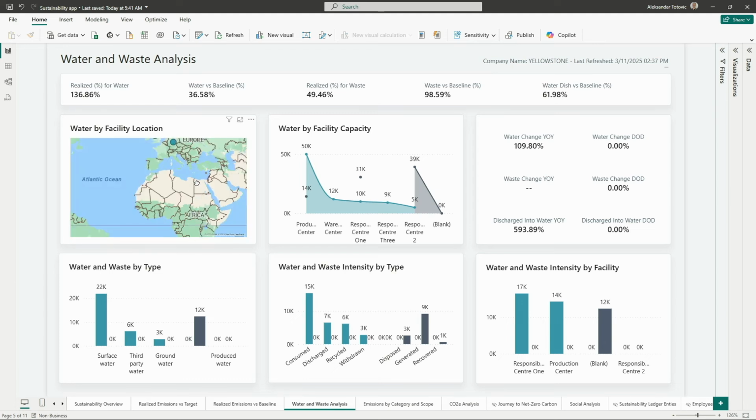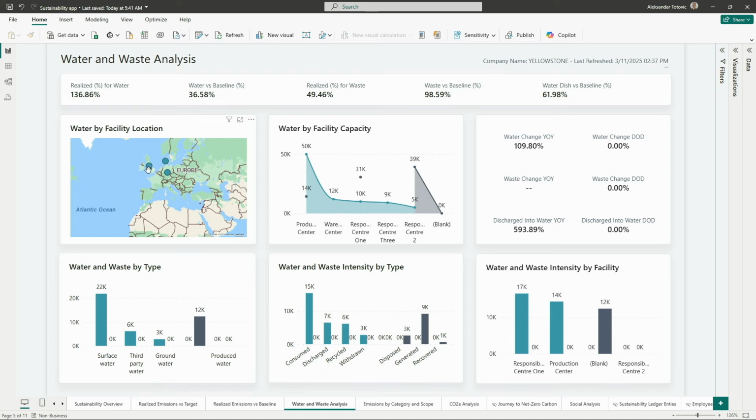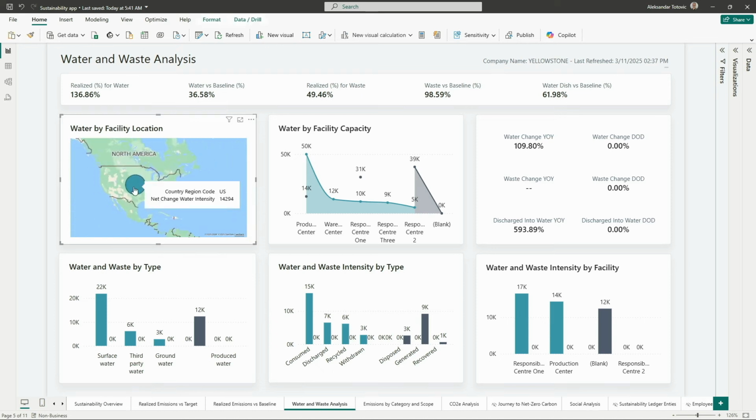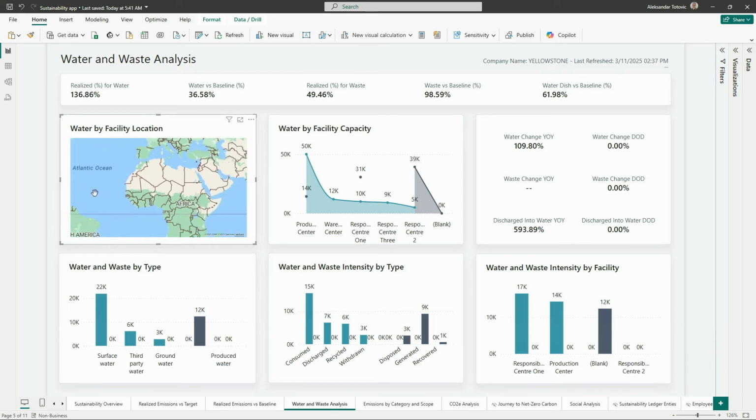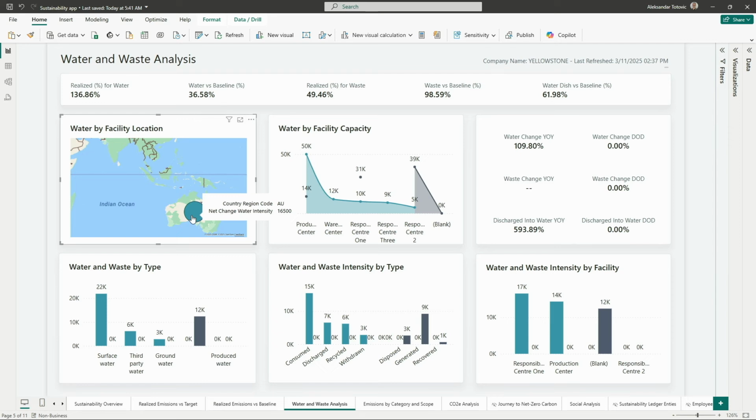Here you can see water intensity by different countries. We have here, for example, in the United States, 14,000 liters or cubic meters, depending on how you measure. We have something in Australia, a little bit more. So you have all these details about your water impact around the world or in the country where you are operating.